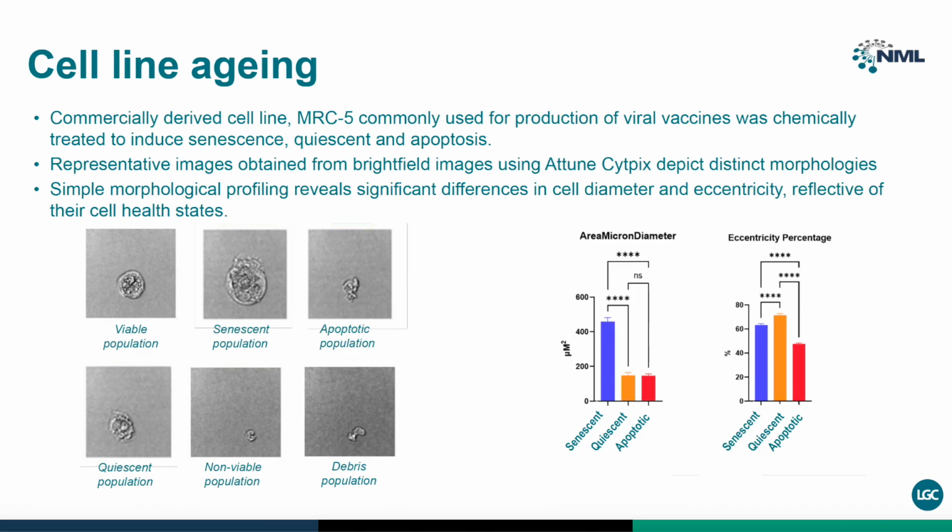And already they've been able to depict distinct morphologies. So simple morphological profiling reveals significant differences in cell diameter and eccentricity reflective of their cell health states. So of note, what we've also done here is we actually used fluorescence markers for us to check accuracy of gating strategies in bright field imaging and to actually isolate these populations.